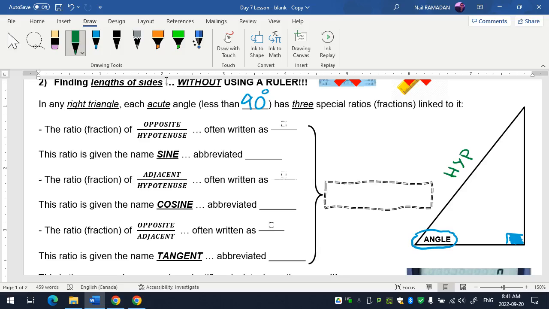Why? Because what does opposite mean? Next to you or across from you? Exactly. Opposite, adjacent. So whatever is in front of the angle is the opposite. So according to this angle, if you walk away from it, this is your opposite. Everyone, remember, I think it was Faisal who said yesterday, isn't this angle the opposite? Opposite, adjacent, and hypotenuse are not names of angles. They're names of what?